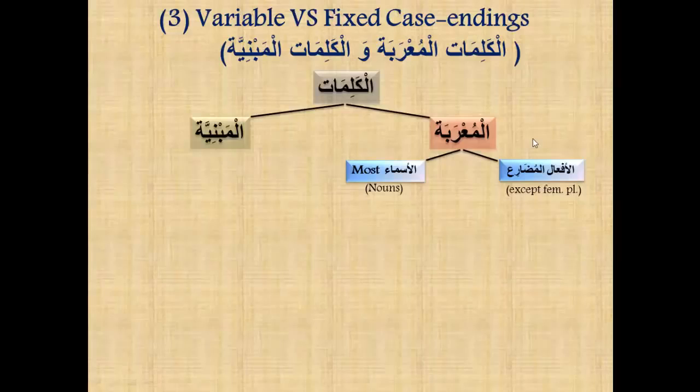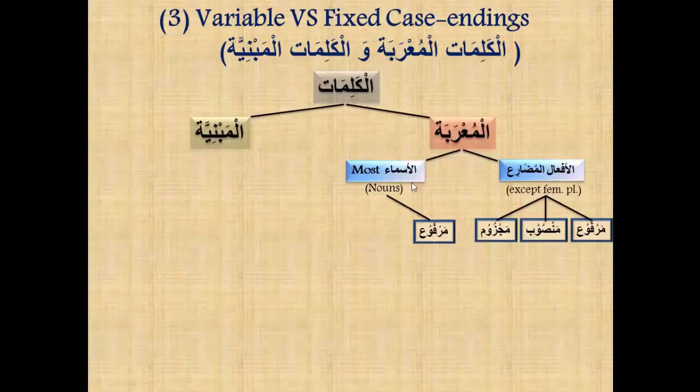What are the case endings for the present tense, for al-af'al al-mudari', except for the feminine plural? We have marfu', mansub, and majzoom. So we've mentioned in passing that these are the three case endings for the present tense. And then for asma, we also have different case endings. We have marfu', mansub, and something called the majrur.